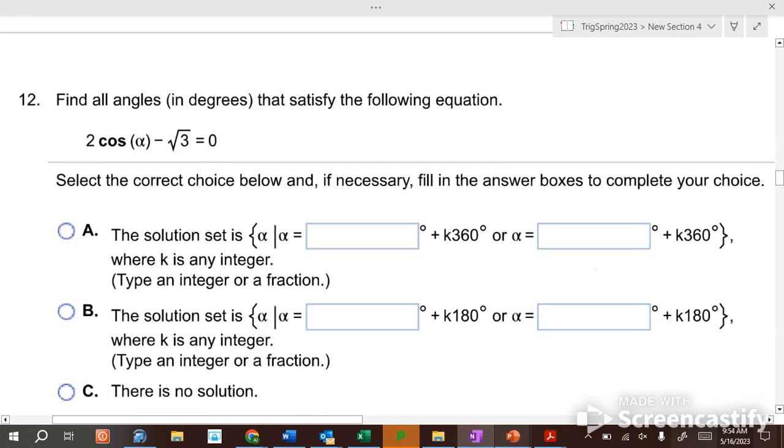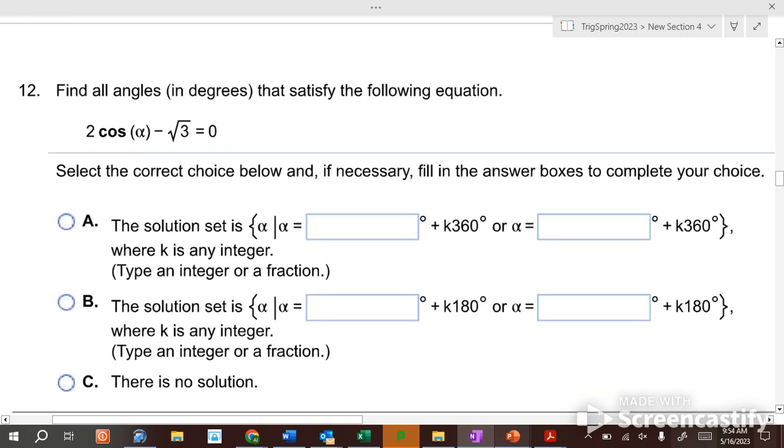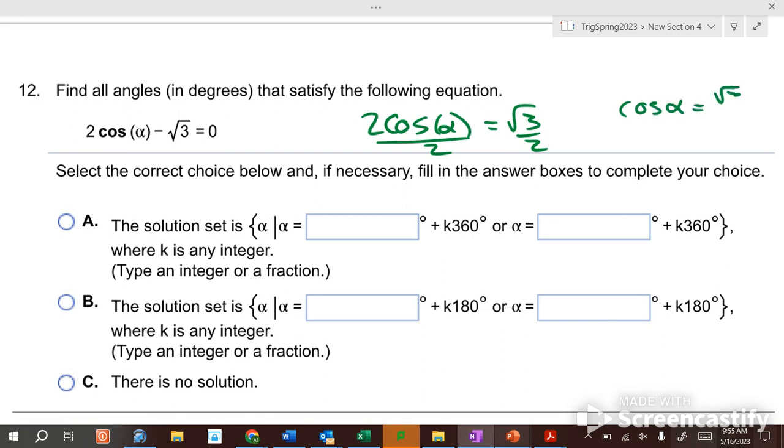Okay? Solve this one. How do we solve this one? How do we get cosine alone? Add square root of 3. So 2 cosine of alpha equals square root of 3. And then divide by 2. Cosine of alpha equals square root of 3 over 2. So, where's the cosine equal to square root of 3 over 2?